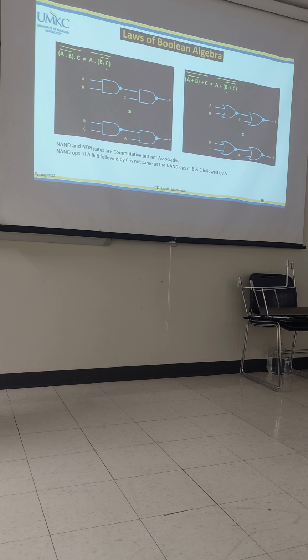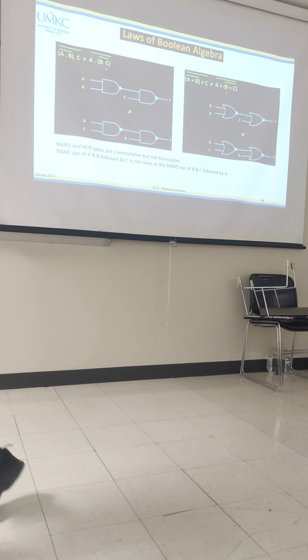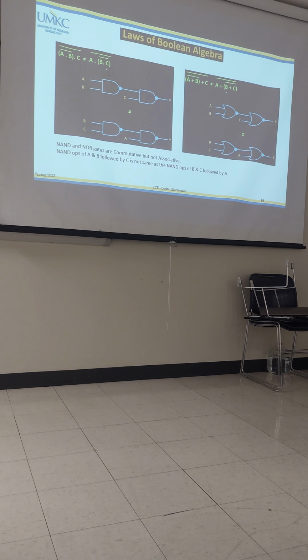But these NAND and NOR gates are commutative, but they are not associative. This is important. That means if you use the NAND gate and NOR gate, in whichever order you give the inputs, they will give you the same result, because they are commutative.